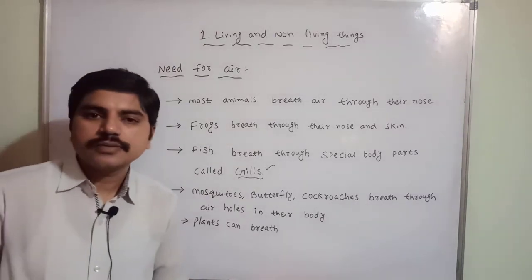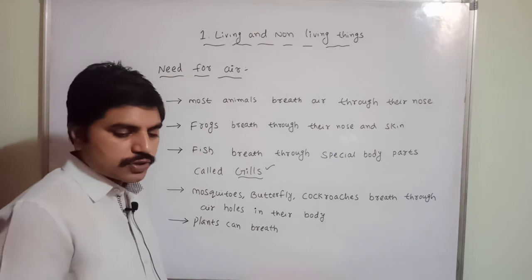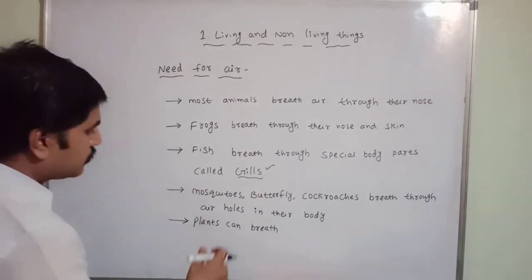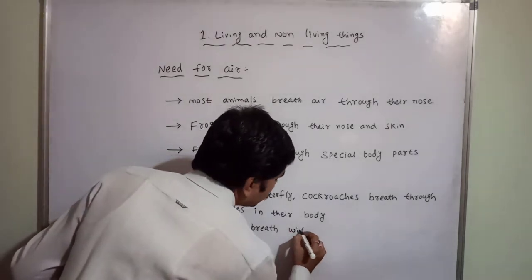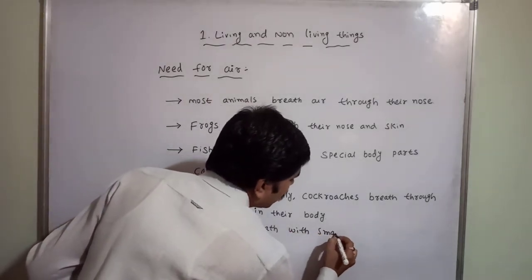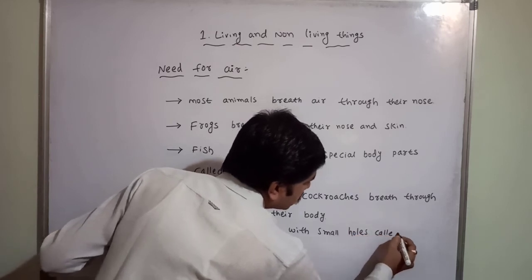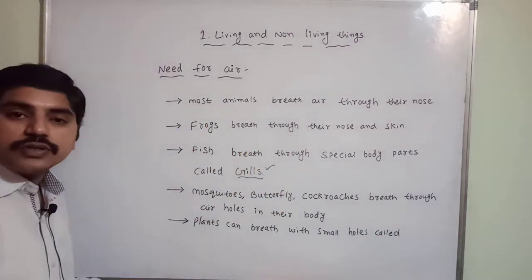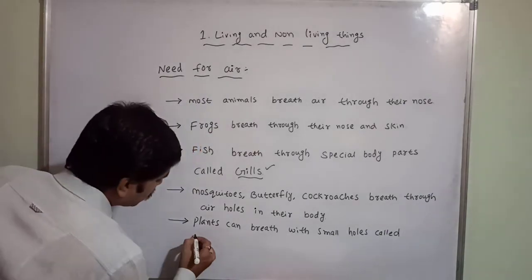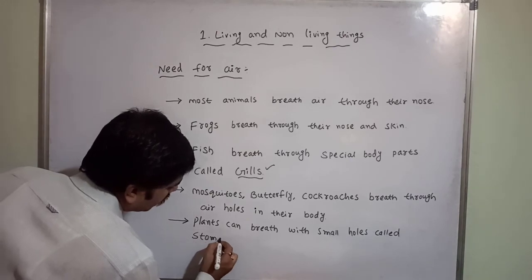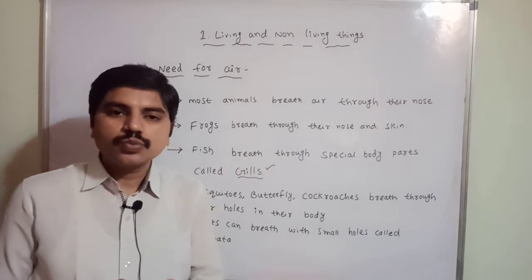Plants can breathe through small holes called stomata. What is that? Stomata. Okay, these are the things we need.